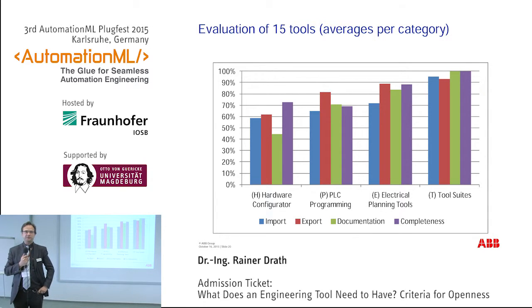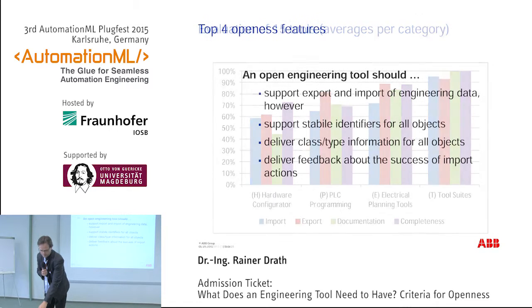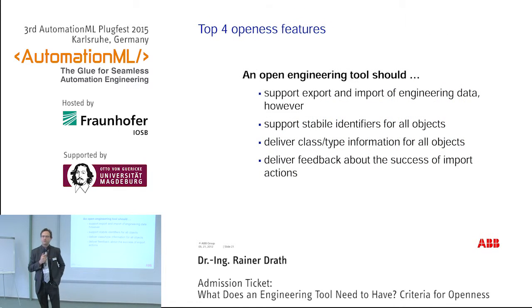By the way, over the interviews and the time of the university cooperation, we found out that some engineering tool providers already improved their tools with respect to these categories, so if we would repeat this graphic today, it would probably look a little bit better. But still, we all should be aware that basic functionality is required to export and import data, and all via AutomationML.